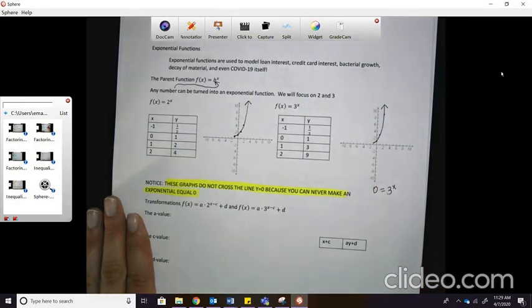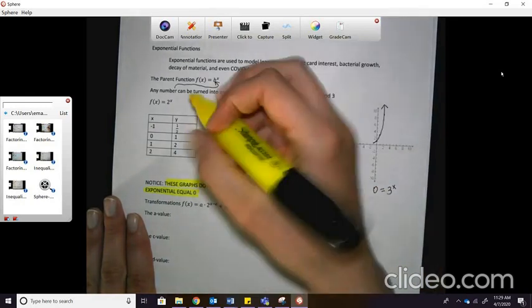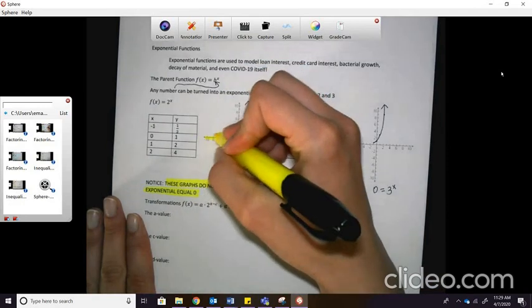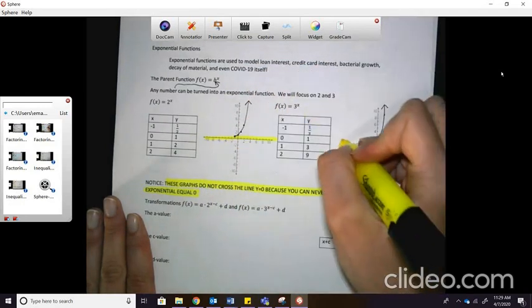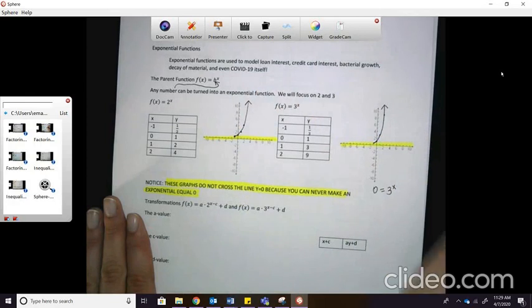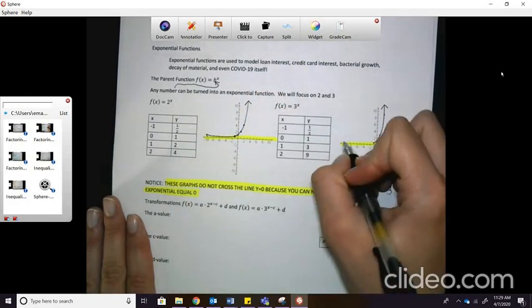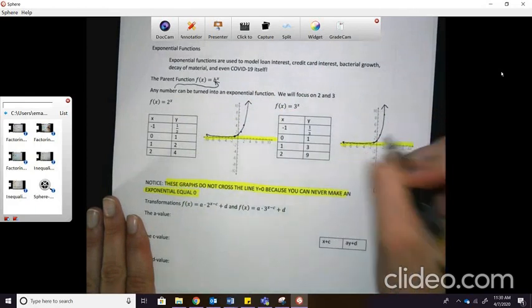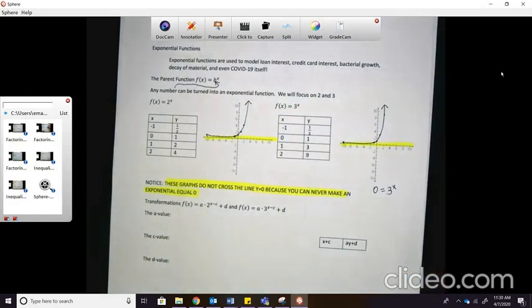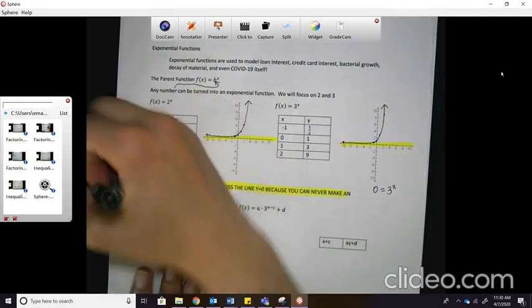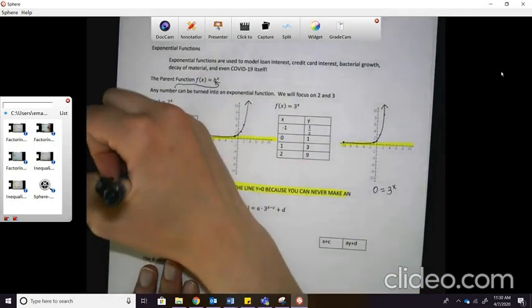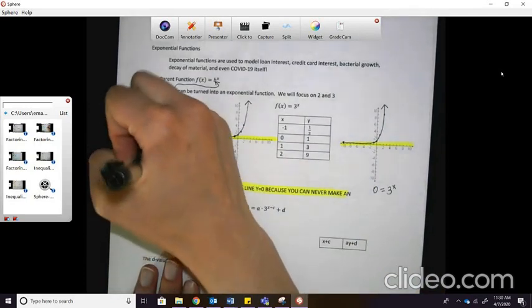That's because exponential functions, especially these right here, don't cross this line. They aren't negative. So the continuation of the shape here is just getting closer and closer to 0, but not actually crossing it. If you remember the word asymptote, that's kind of what we got going on here.